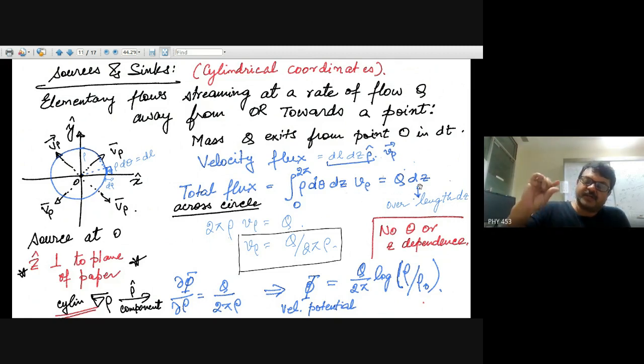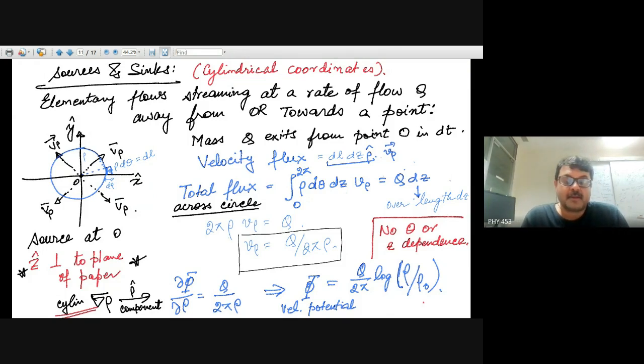At every unit length along the z direction, you are introducing q amount of fluid, rate of flow q, over length dz. In that case, you get v rho, the velocity of the fluid in the radial direction, equal to q by 2 pi rho, rho being the radius vector in the cylindrical coordinates. No theta or z dependence, as I said, right?